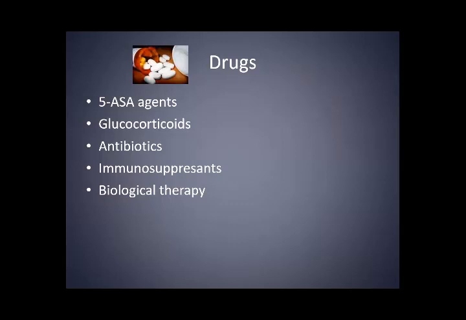These drugs suppress the immune-activated destruction of the intestinal mucosa. If you suppress your immune system, where the T cells are activated and you have an inflammatory cascade of interleukins and all that process, your inflammation is over and you will achieve remission.